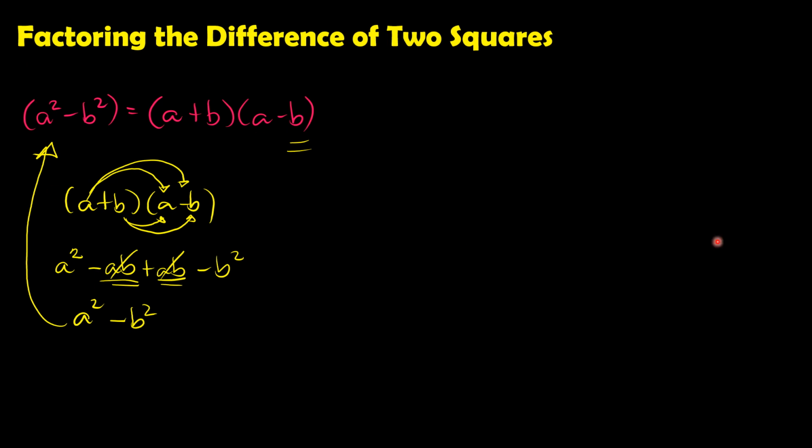Let's have the examples. First one is when we have 36x squared minus 25y squared. So, again, ang factor natin sa difference of two squares is always one positive and one negative. So, saan ba galing yan 36? What is the square root of 36? It is from 6 times 6.